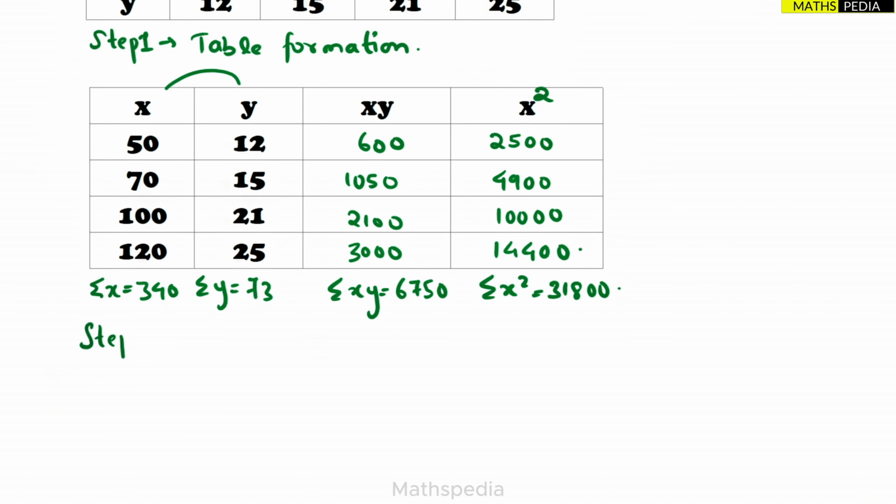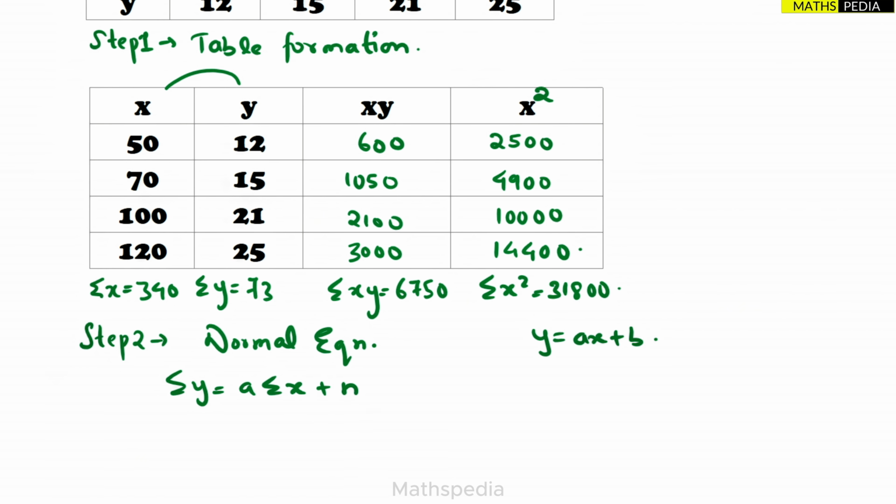So step number 2 is that we have to write the normal equation. As we know, for y is equal to ax plus b, the normal equations become very simple. Summation of y is equal to a into summation of x plus n times b. This is the first equation.